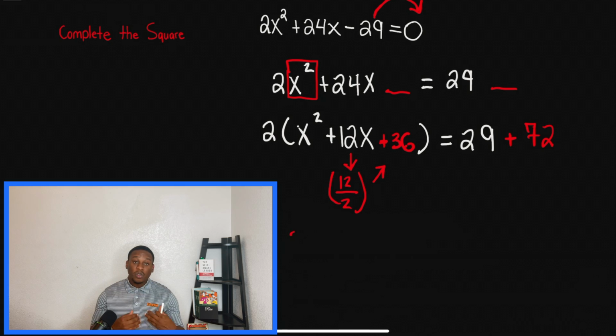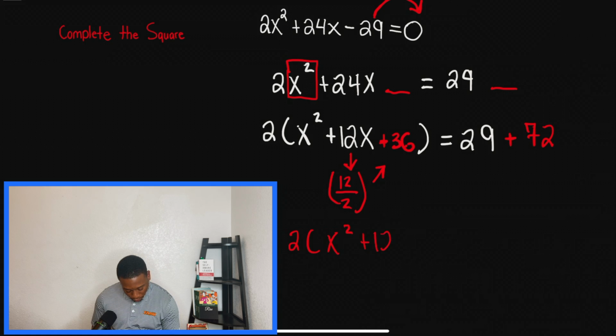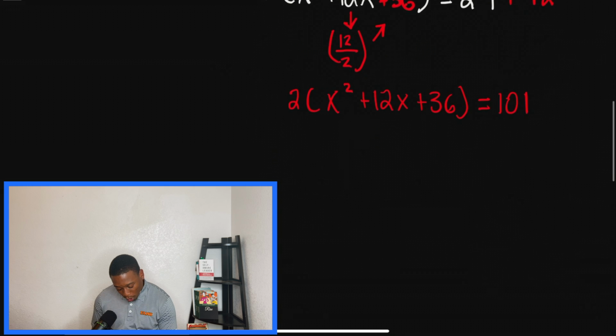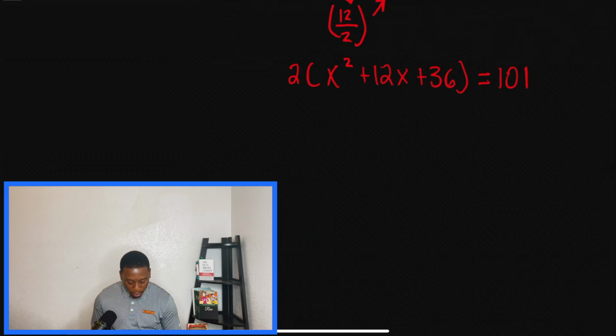All right. So now at this step, we're going to clean it up some, right? So we have 2 and then in parentheses x squared plus 12x plus 36. And this is equal to 101. So now, guys, just remember that we're trying to complete the square. So we need to understand what binomial did we multiply by itself to get this trinomial?